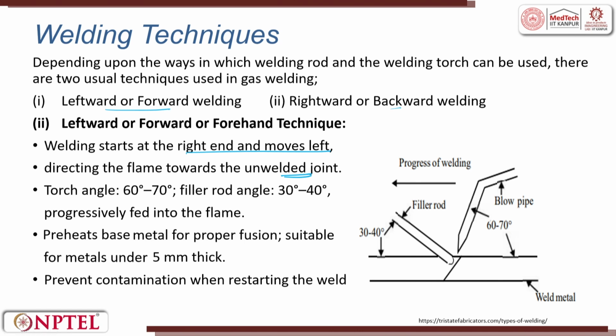The filler rod is progressively fed into the flame, which preheats the base metal for proper fusion. It is suitable for metal under 5 millimeters thickness. The torch angle is 60 to 70 degrees, and the filler rod angle is roughly 30 to 40 degrees. So, this is the joint.